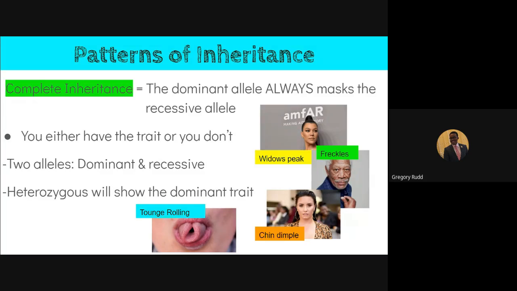There is no in between. You have it or you don't. This also means that, as we've talked about, a heterozygous genotype will result in the dominant phenotype. A heterozygous genotype will show the dominant phenotype.